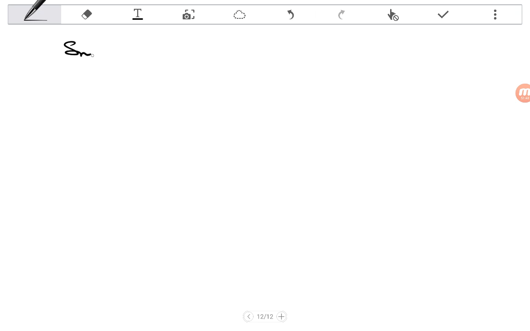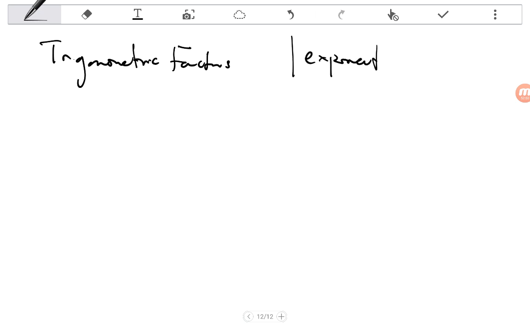This is sine, the trigonometric functions, and the exponential function and the logarithmic function.